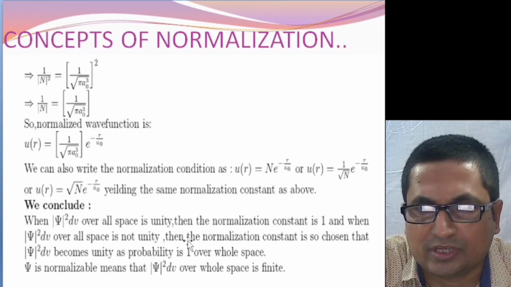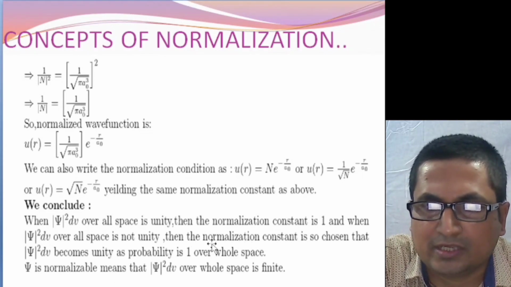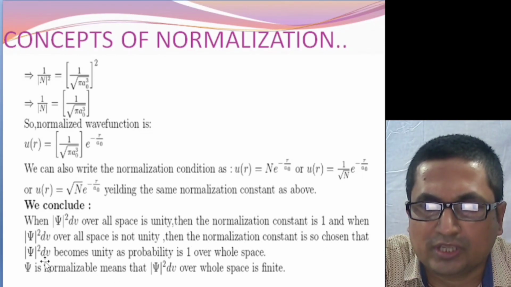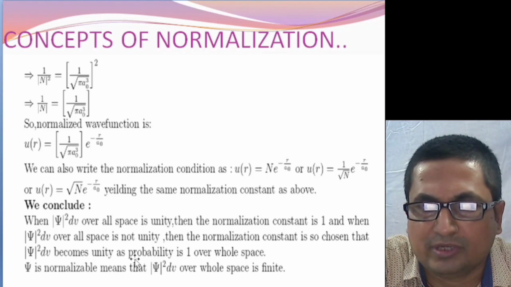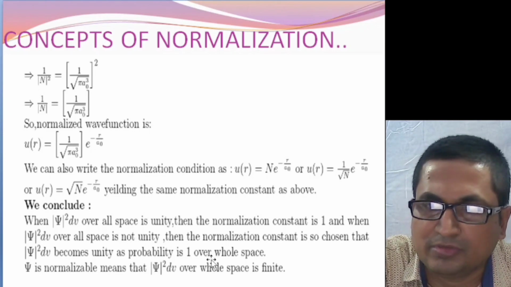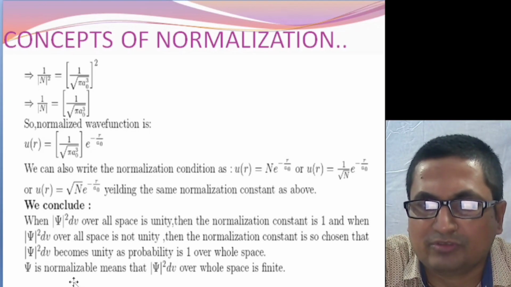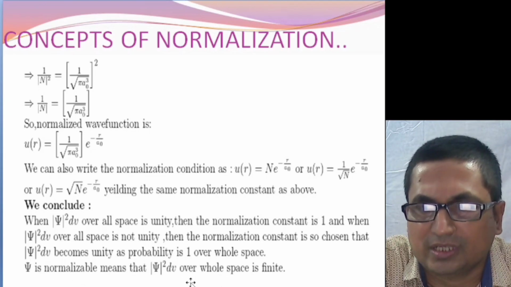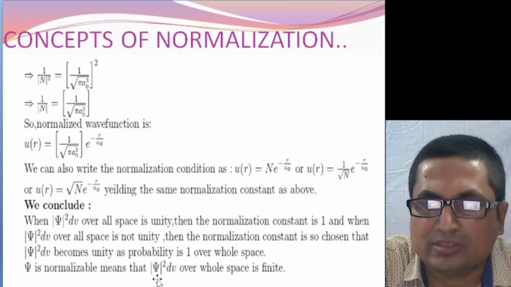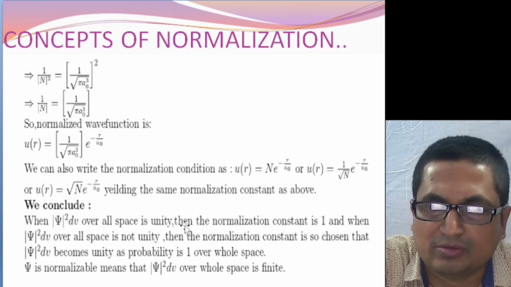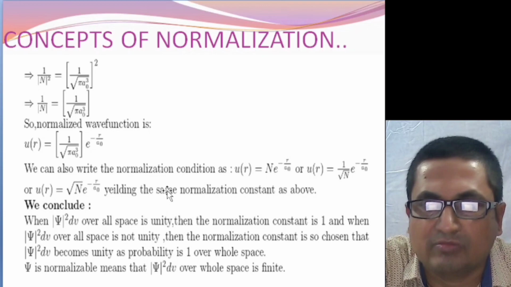That is what is written here. The normalization constant is so chosen that this particular thing becomes unity, because the probability is 1 over the whole space, and also the wave function is normalizable because this quantity is finite, that is, the probability is finite over the whole space, and its maximum value is 1.